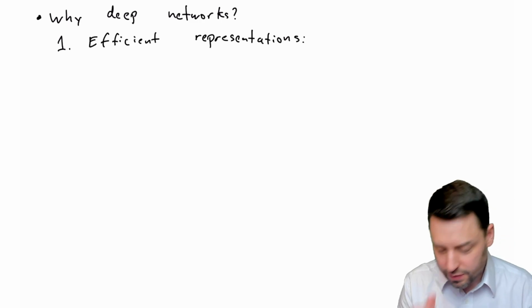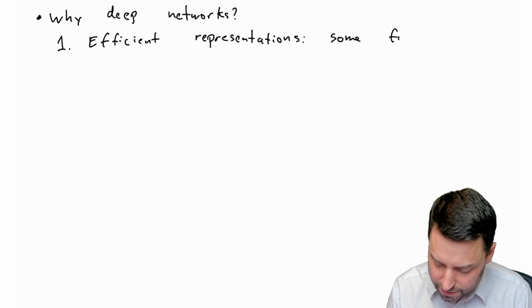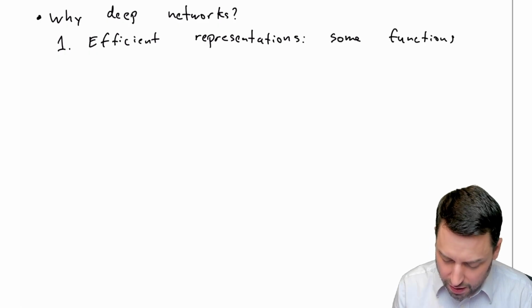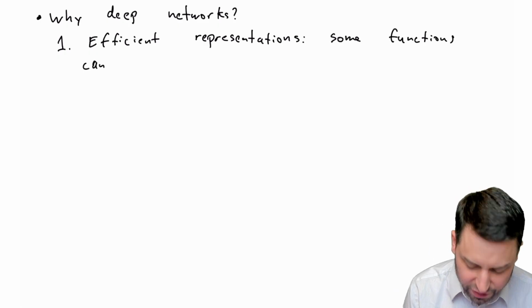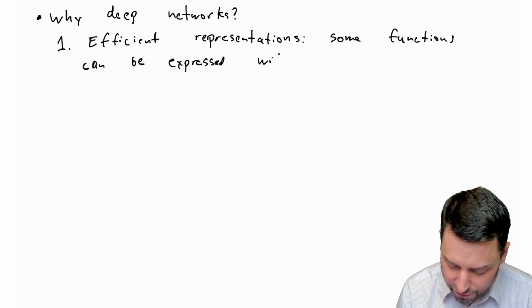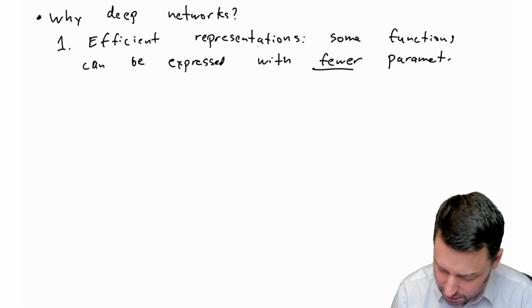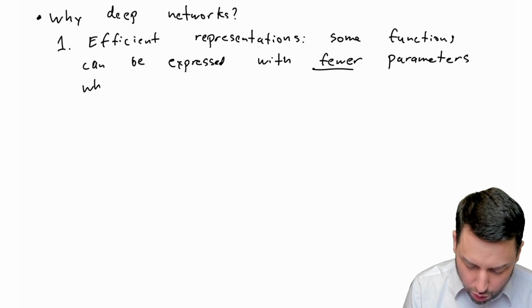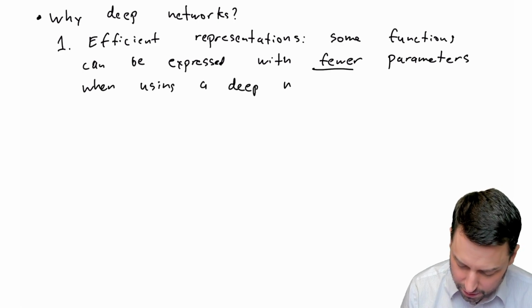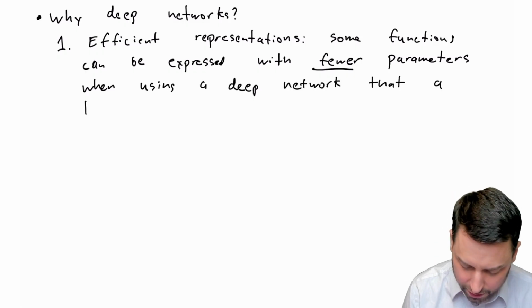I'm not going to prove this, but the core idea is that some functions can be expressed with fewer parameters, fewer weights, when using a deep network than a two-layer network.